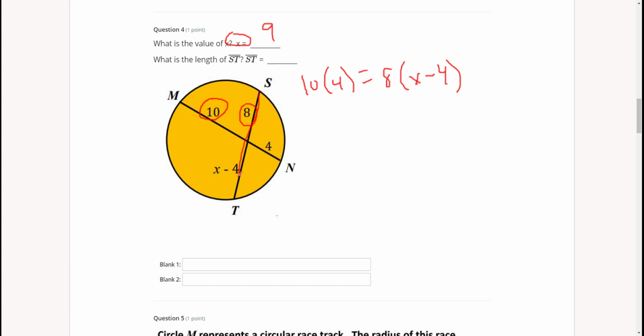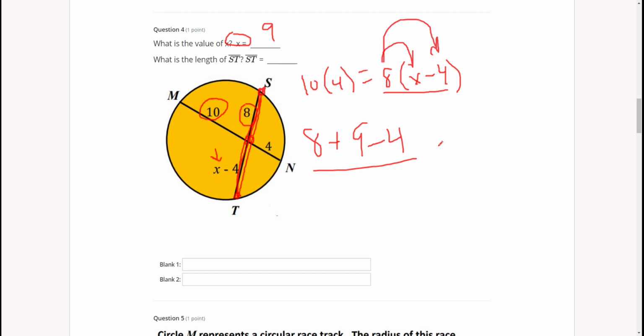That when you go to find ST, you want this part, 8, plus this part, so 9 minus 4, plus 9 minus 4. And that should give you ST. When you substitute your x back in, you just add these pieces together. You multiply at the beginning and then add at the end. 8 times x and 8 times minus 4.